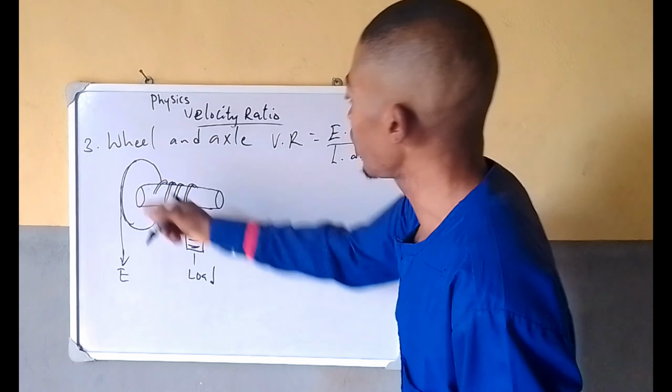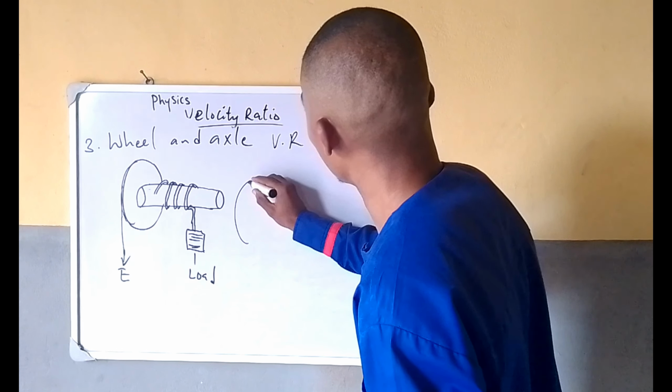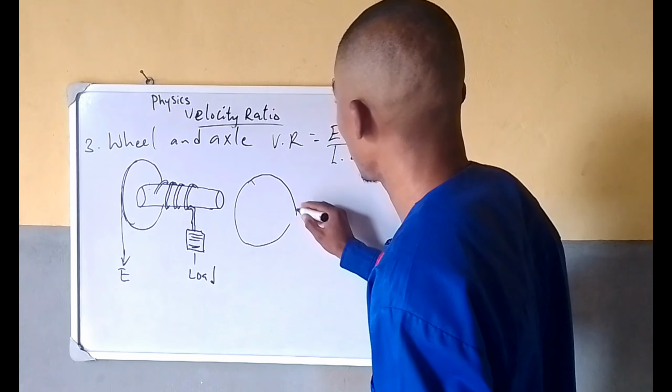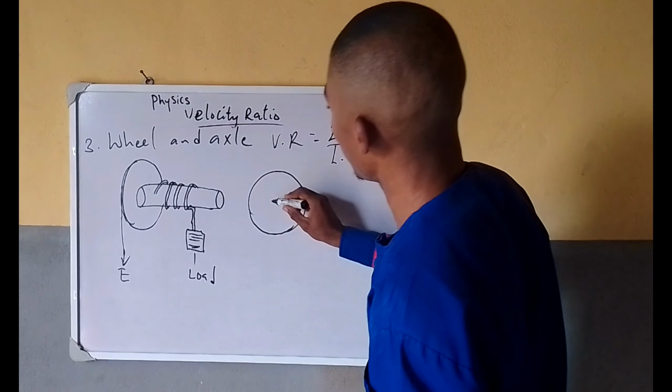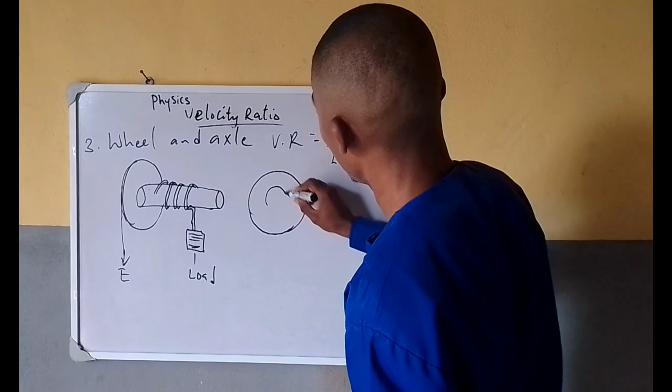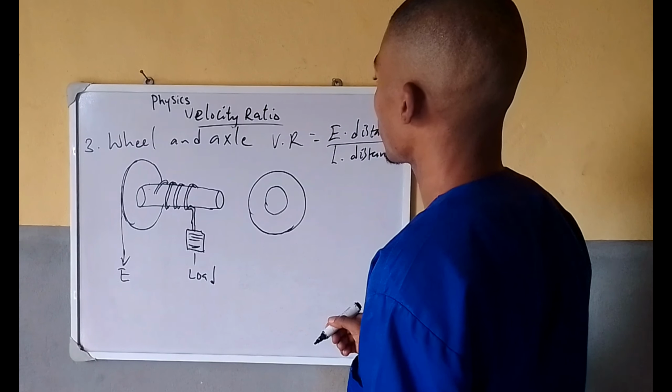Then we can look at this circle here. Let's bring the two circles out. So this one represents the big circle. Then this is the small circle.